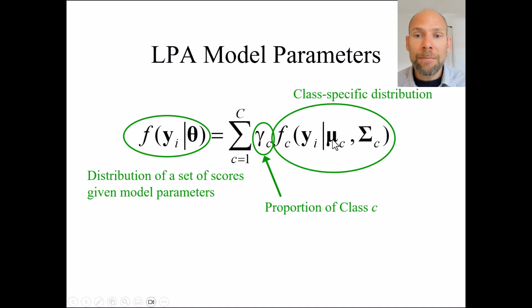So the means here are of key interest in a latent profile analysis, the class-specific means, because they tell us whether somebody, for example, in a given class is high on openness, high on extroversion, high on whatever, or low. And so that's how we interpret the profiles later on, is based on these class-specific means.